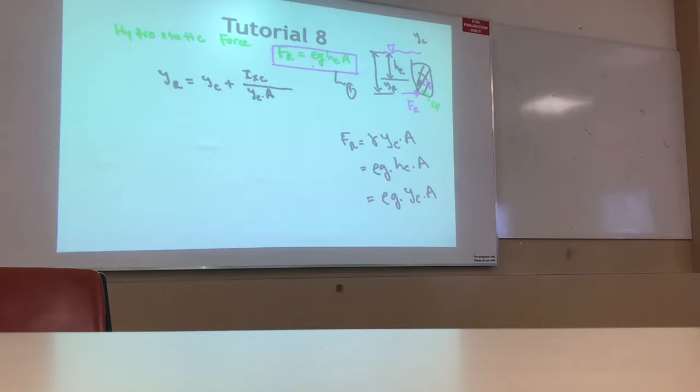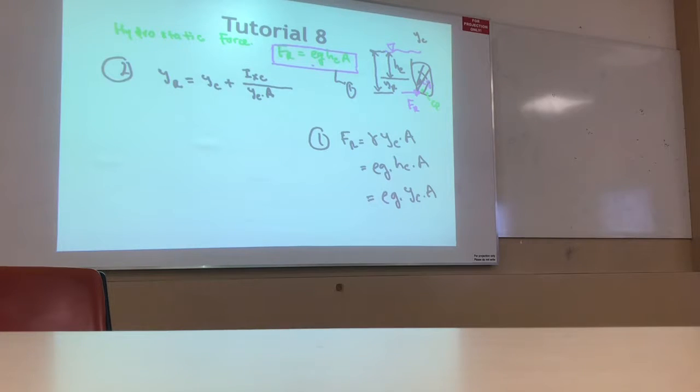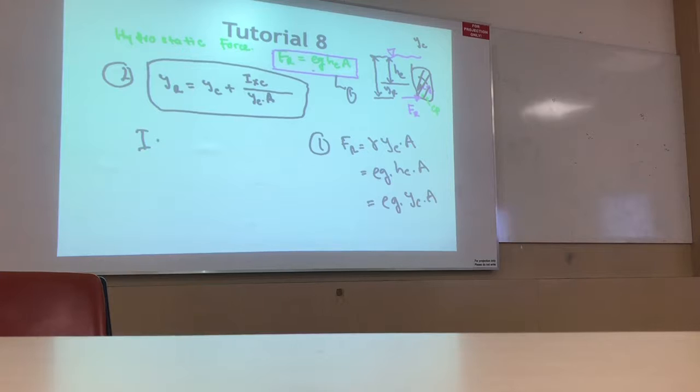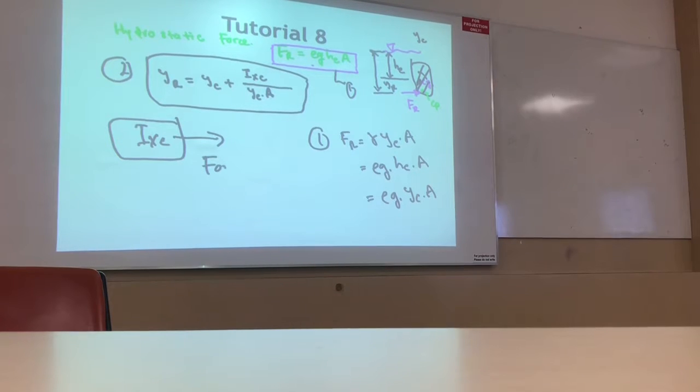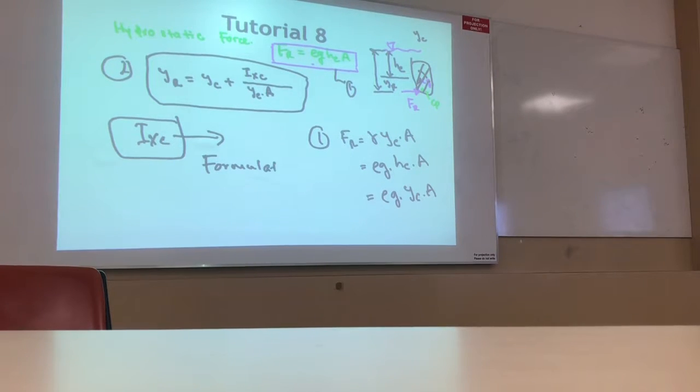This is one equation, and number two is this one. And IXC is the moment of inertia, and the formulation will be given to you, so you do not need to worry. It will be given. Done.